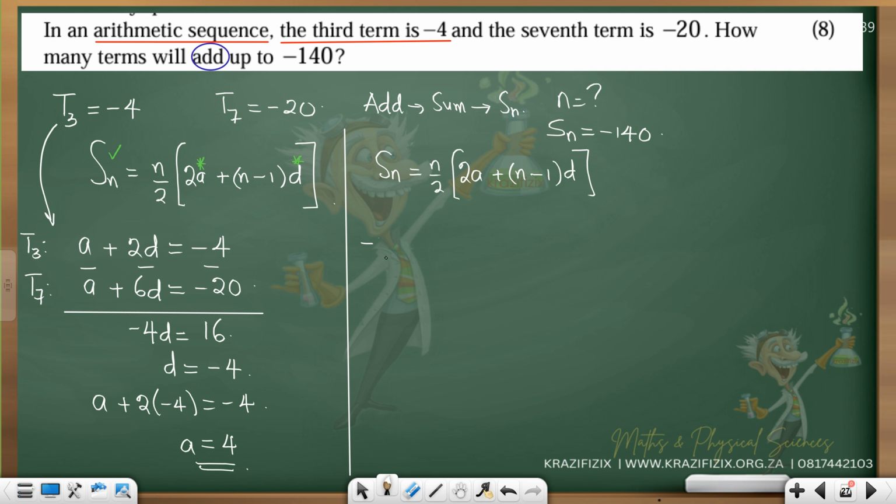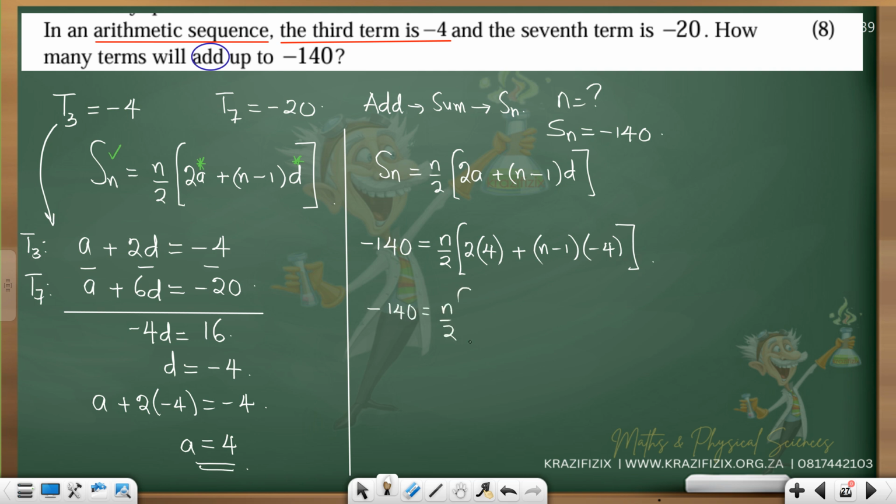Negative 140 equals n over 2 times 2 times 4 plus n minus 1 times d. I do not know n, no problem, that's what I'm looking for, but I know my a, and I know my d, negative 4. The rest is algebra. Let's take it step by step.